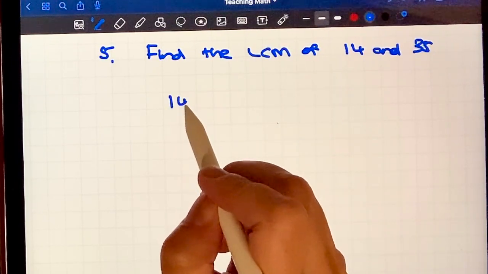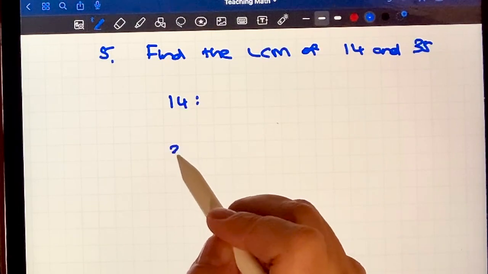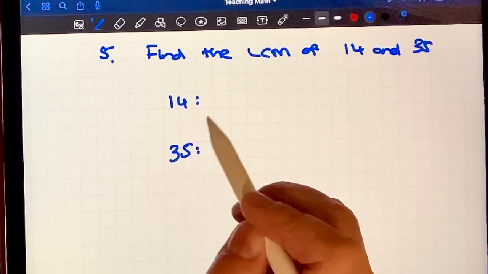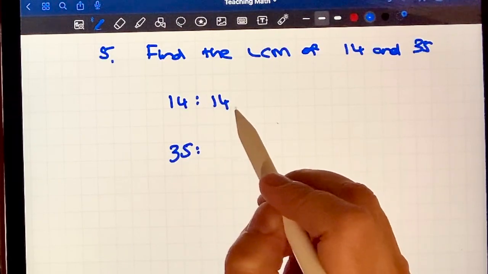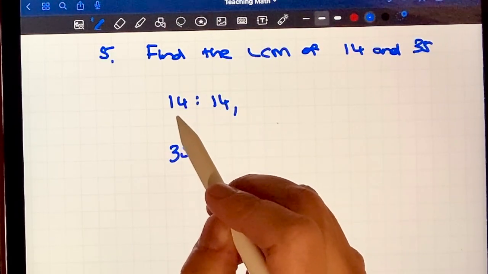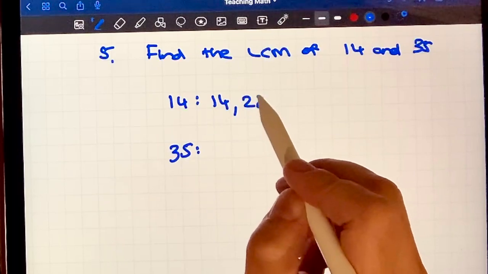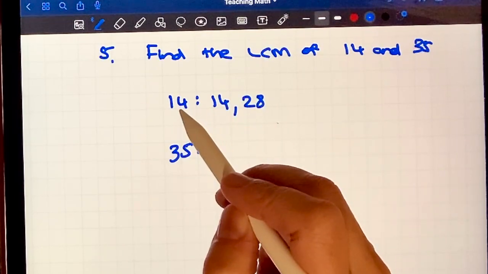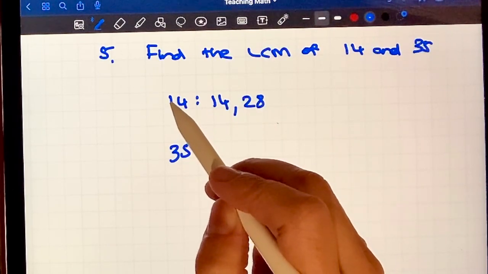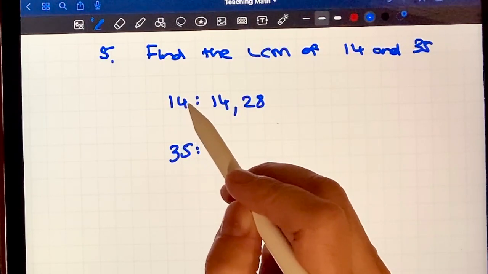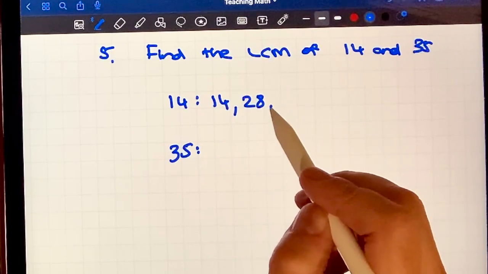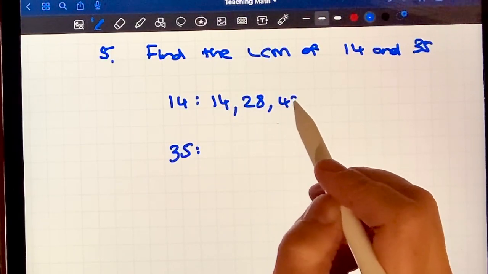So 14 times 1 is 14, double it, times 2 is 28, times 3 is, I'm going to say 10 times 3 is 30, and 4 times 3 is 12, so 30 and 12 is 42.